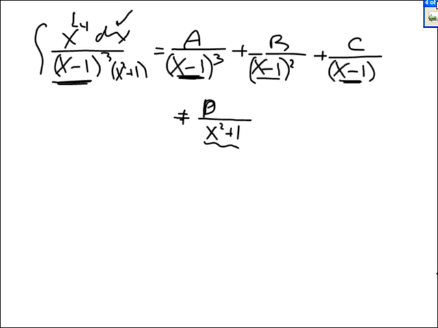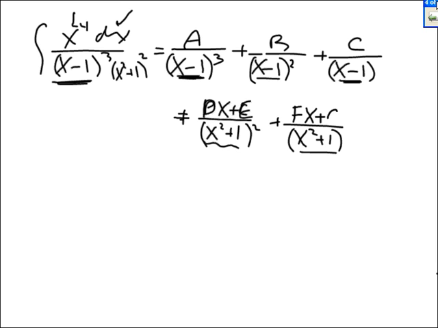We're up to D. You would put dx plus e. Now, if this was raised to the second power, you should have it to the second power, and then also to the first power. Since it's a quadratic, dx plus e. Now I would put fx plus g. It's a quadratic, second degree, I put a first degree on top. But it never did have that. That was a what-if problem.